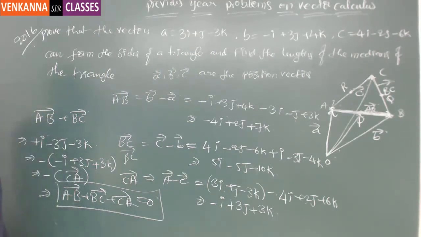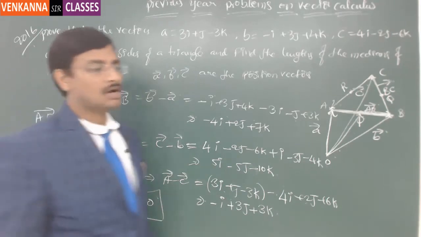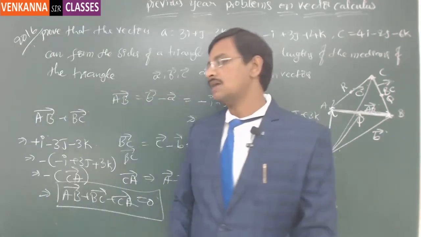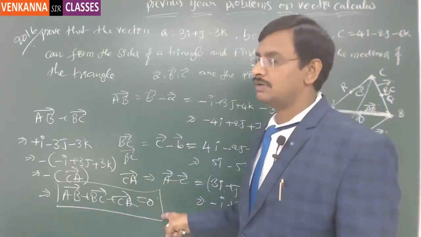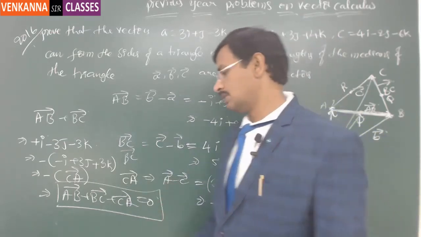Can they be collinear? No, this can't be collinear. Why? Because as long as the triangular law of vector addition is satisfied, obviously they can't be collinear.